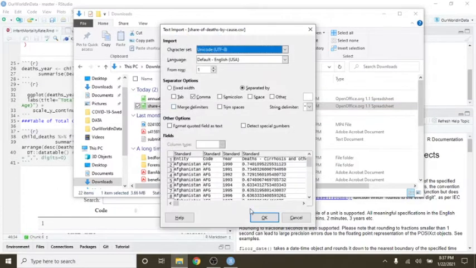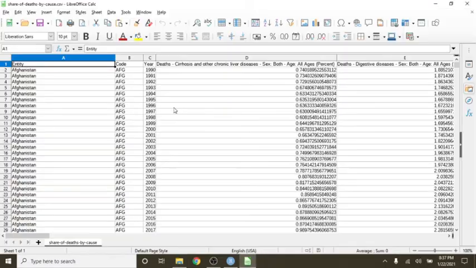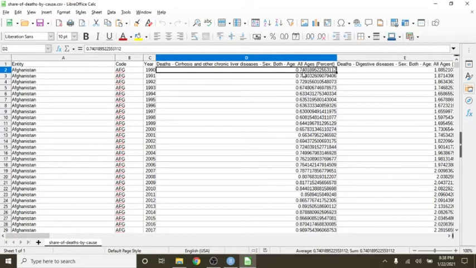Let's take a look at this by causes then. Okay, this is interesting. So age is all. So a percentage of what? A percentage of the total deaths?